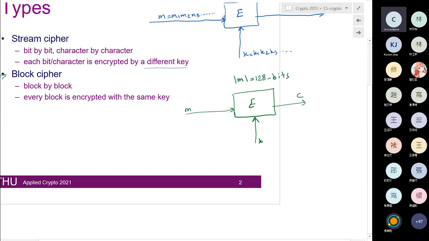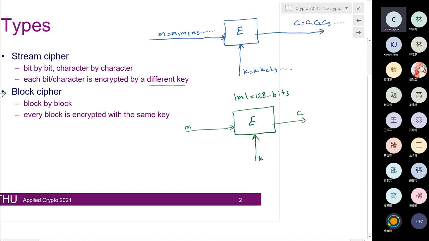So we are talking about a little bit different algorithms that instead of working bit by bit or character by character, now work with a chunk of data, and that chunk of data is some good amount of bits, for example 128 in the case of AES.